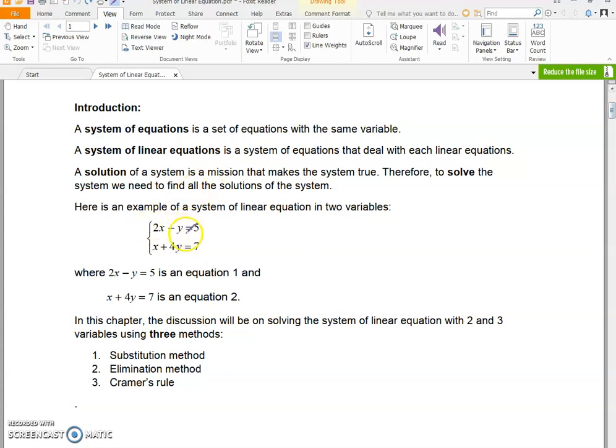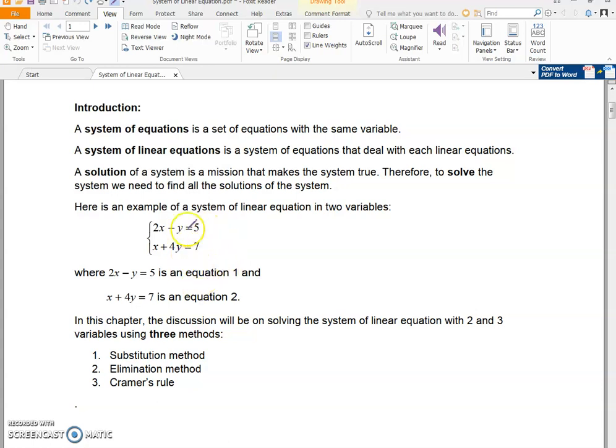The simple example, usually with two variables as stated here, is 2x minus y equals 5, which is your first equation, and x plus 4y equals 7, which is your second equation.